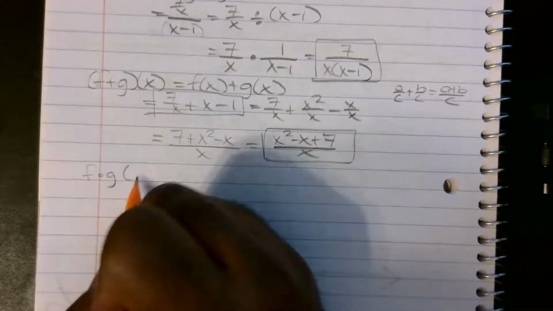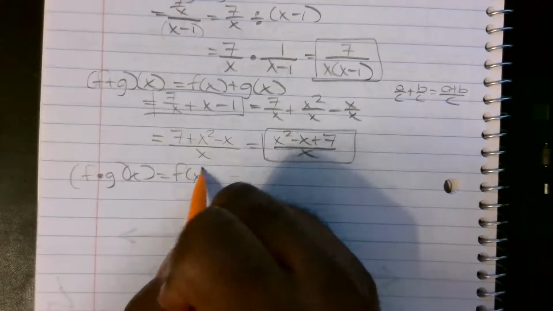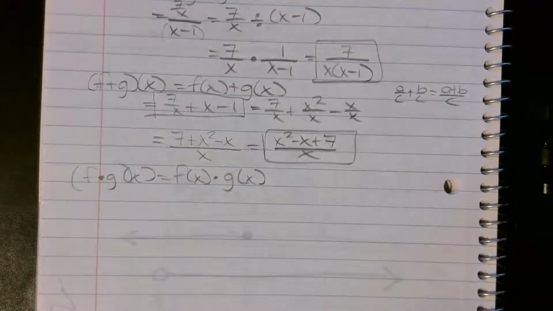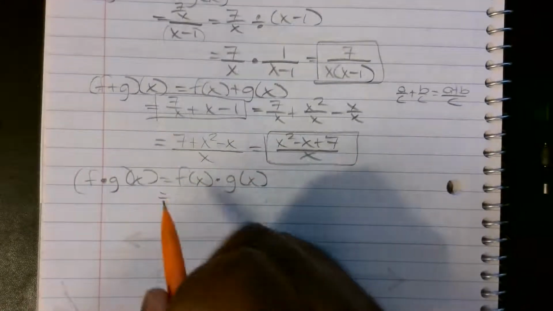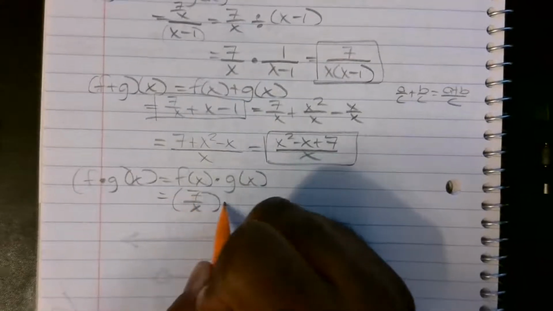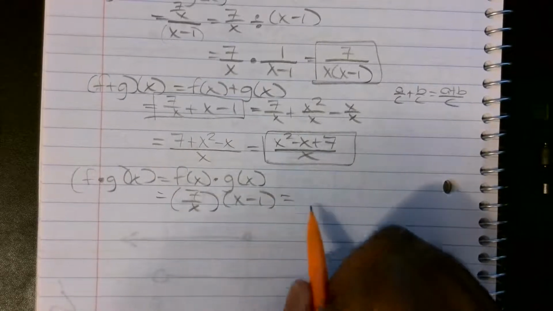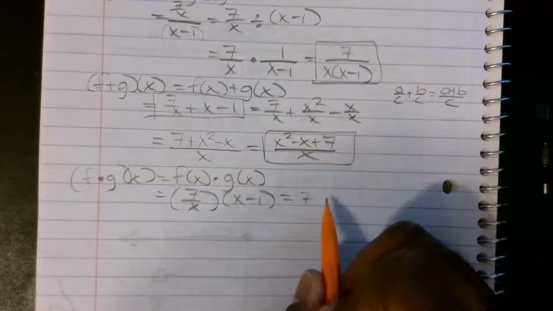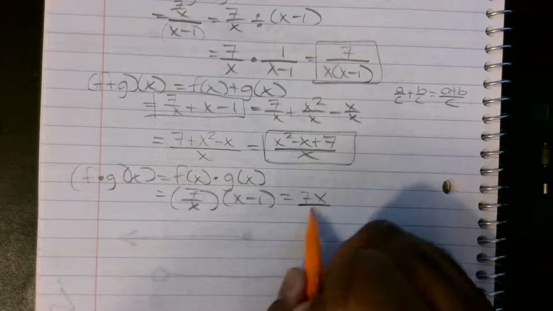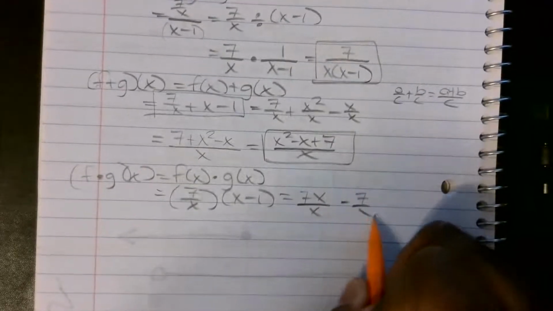f times g of x is equal to f of x times g of x. All right, so that would be 7 over x times x plus 1, which would be 7 times x over x minus 7 over x.